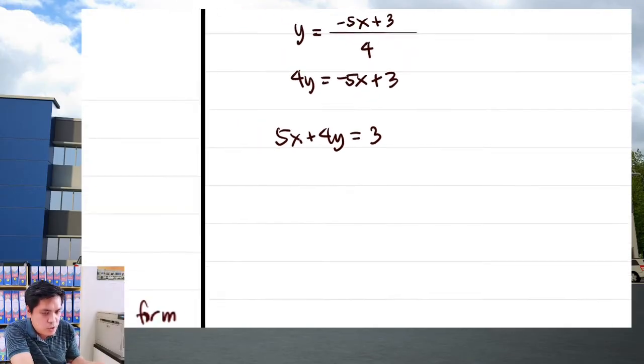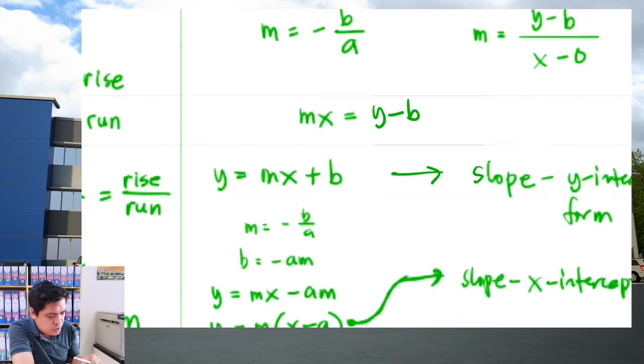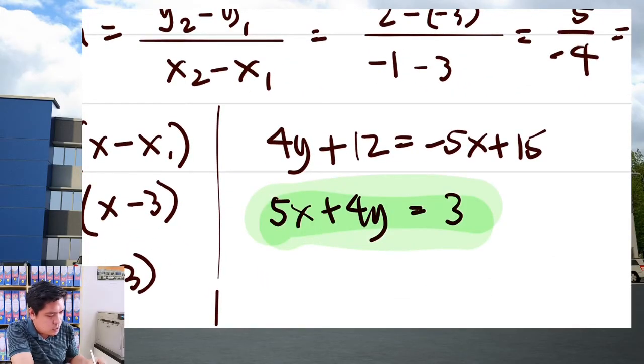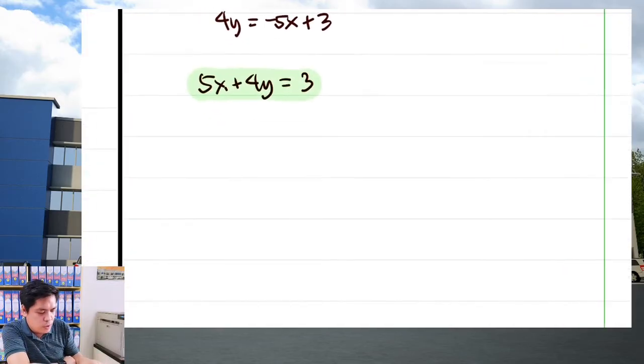So, ganun pa rin. So, any convenient na equation for you, that's good. Pero kung ako yung tatanungin, pinaka-convenient for me is yung slope point form and your slope-intercept form.